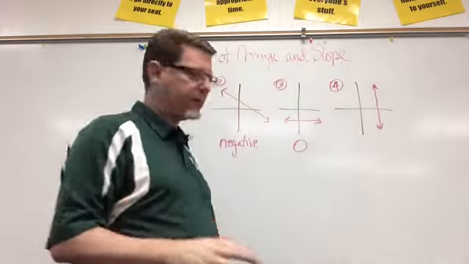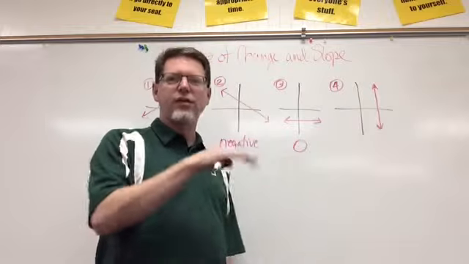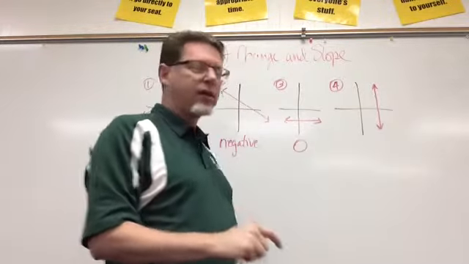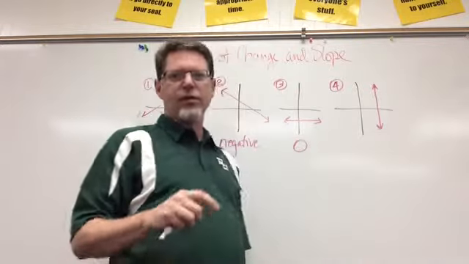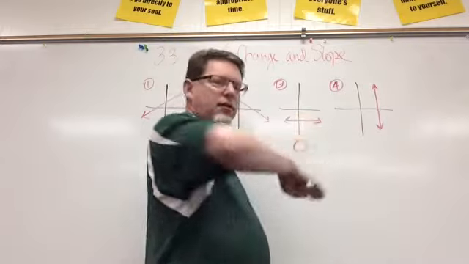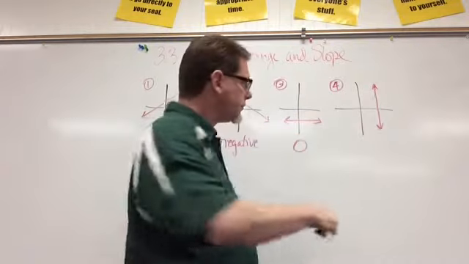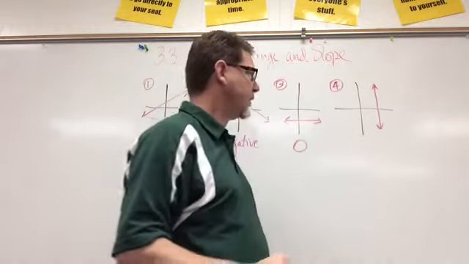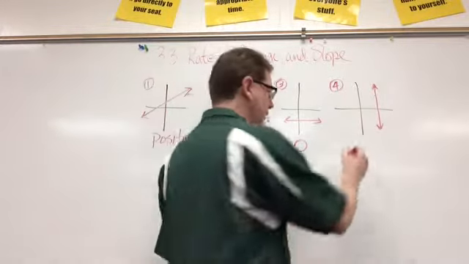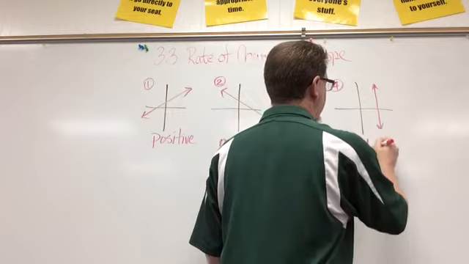I said that all wrong. None of the slopes change. They're all the same. I've got a horizontal line. Okay? And in my horizontal line, the slope is 0. So forget what I said in the first part of that. It's a horizontal line, the slope is 0. If you look at example number 4, we have a vertical line, and if we have a vertical line, then the slope is undefined.